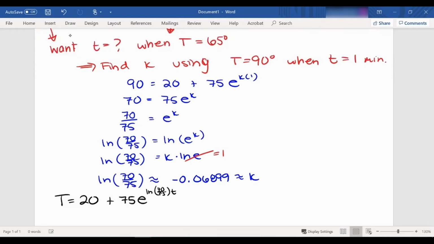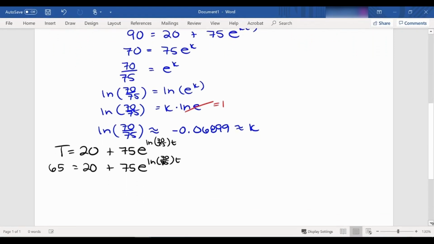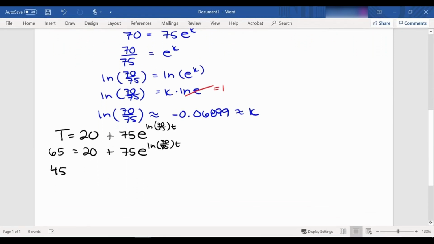And I said that T was 65. So I've got 65 equals 20 plus 75 e to the ln 70 over 75 t. I can subtract 20 from both sides. I get 45 equals 75 e to the ln of 70 over 75 t. Divide by 75. Unknown exponent, ln on both sides.